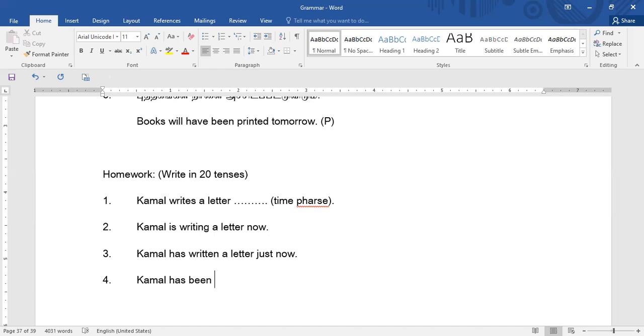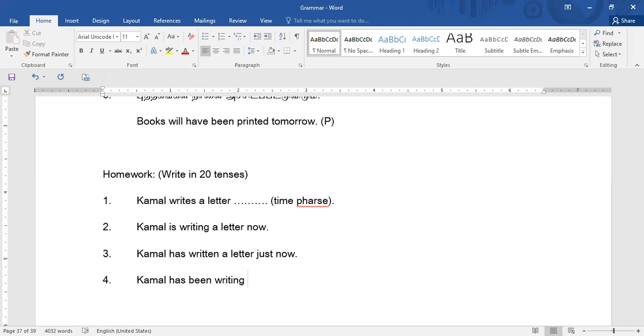Because for every progressive tense, continuous or perfect continuous, in active voice, the verb form is writing. We call this present participle or ing form. So that form should be used for every progressive tense. So here we can use writing.